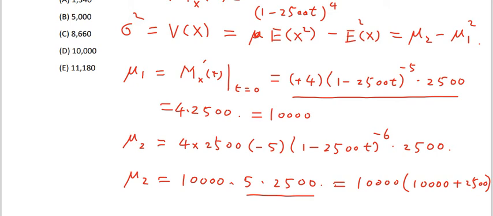Now 5 times 2500, we just split it as 4 plus 1.